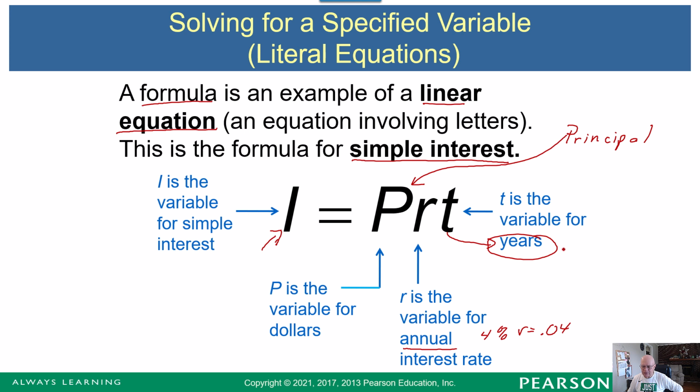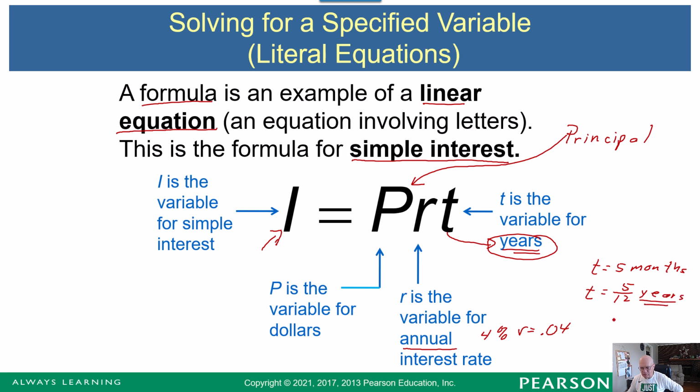Don't be tricked. It has to be in years. If your question says T equals 5 months, then that's not what you want to use up here for T. You would have to write T equals 5/12 because you need it in years.